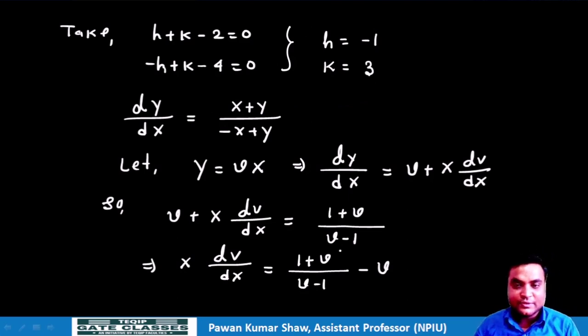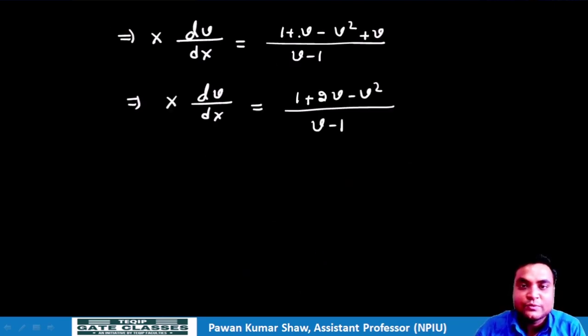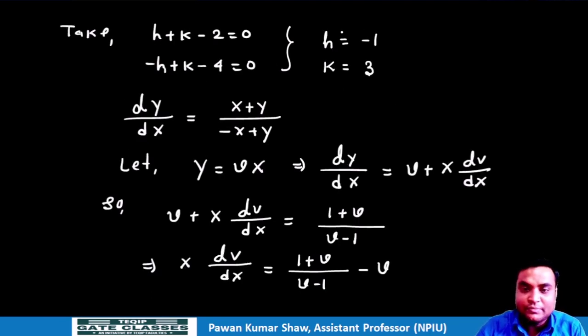Again we can check the simplification: 1 plus V divided by V minus 1. After taking the LCM, V minus 1, 1 plus V, and minus V square plus V. Yeah, now fine.